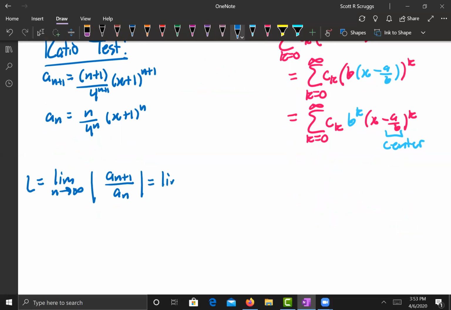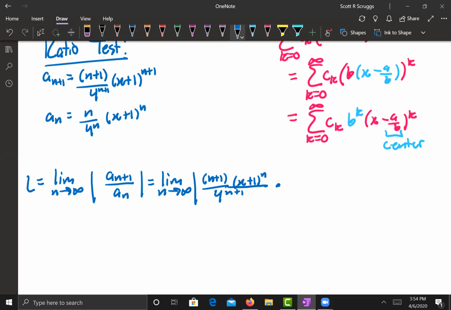which, instead of one very nasty ratio, I want to take the a of n plus 1, and make sure that's in the same fraction, n plus 1.